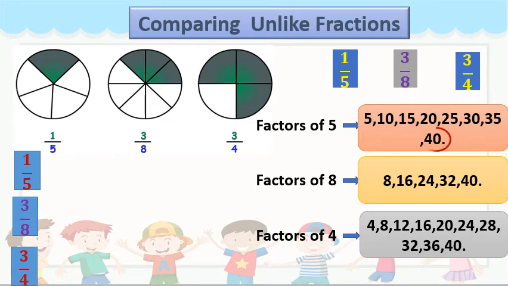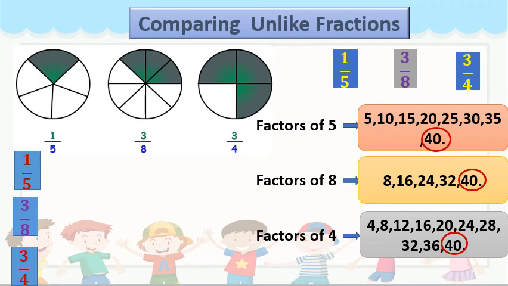Which is the same number? Yes, correct, that is 40, and here also 40 is there. So we will convert the given unlike fractions into equivalent fractions with the denominator 40.